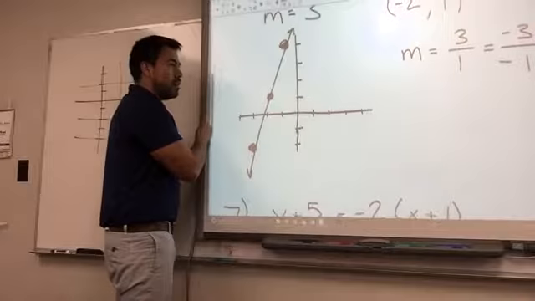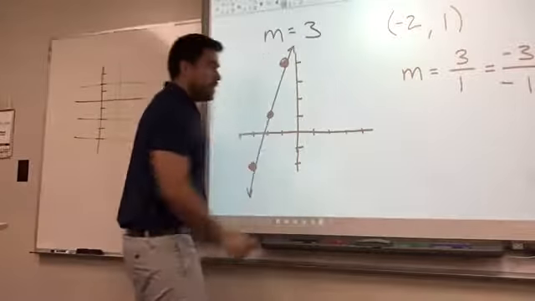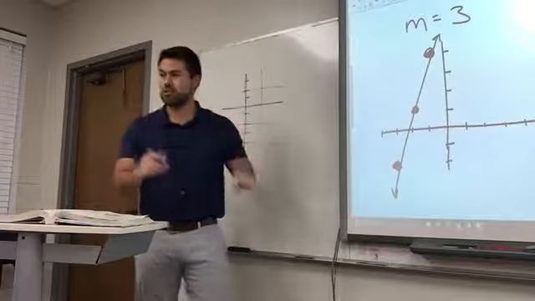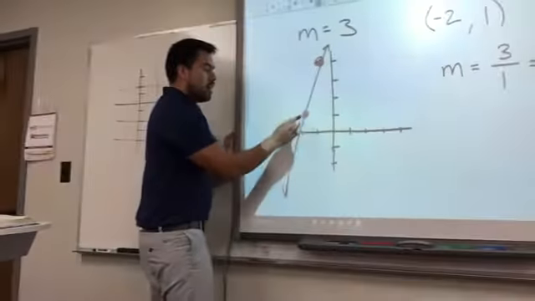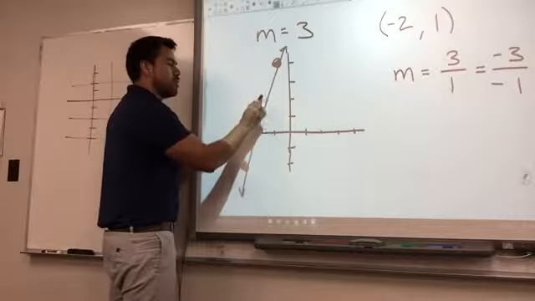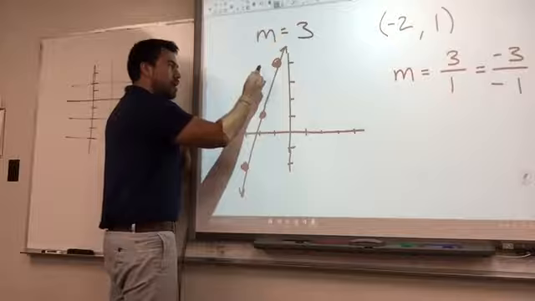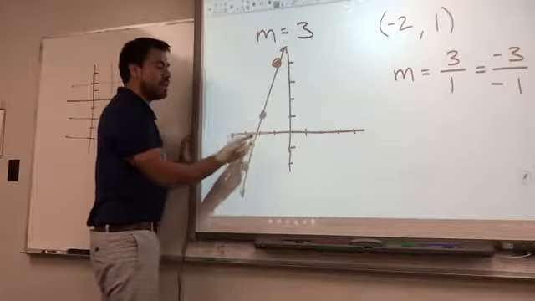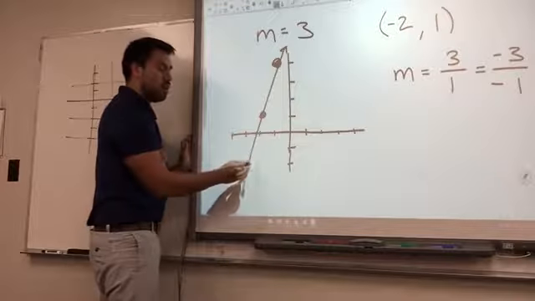Another thing I want you to notice on this first graph is this, because it's going to help us tie in some of the concepts we looked at a couple chapters ago. Ready? From here to here, where do I go? How far up do I go? 3 up and then over, which is described right there. From here to here, I go down over 1 to the left, right?